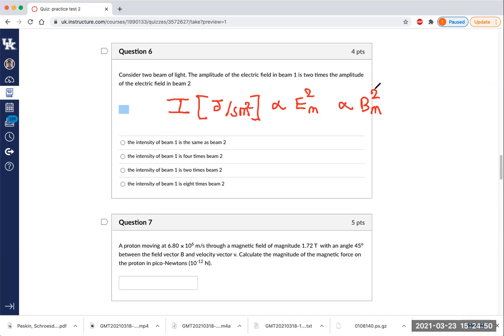So if the electrical field is doubled, it goes up by a factor of 2, then the square of the electrical field is going to quadruple, which means that the intensity of the light beam will also quadruple. And so the intensity is 4 times bigger if the electrical field is 2 times bigger.